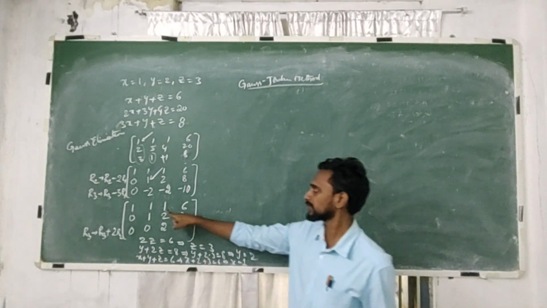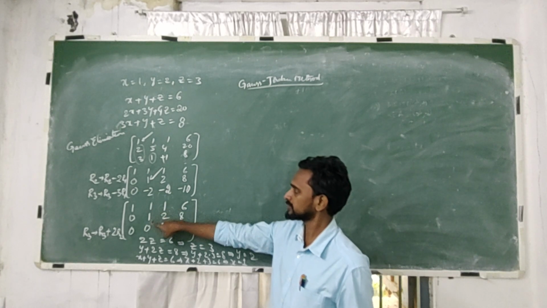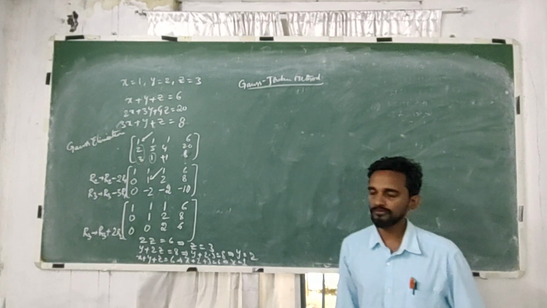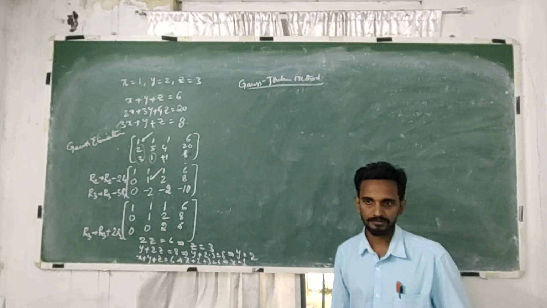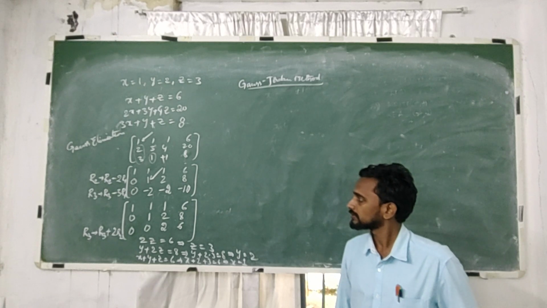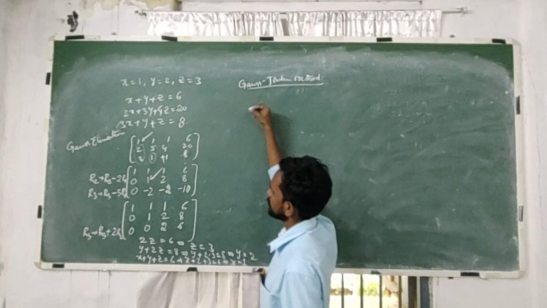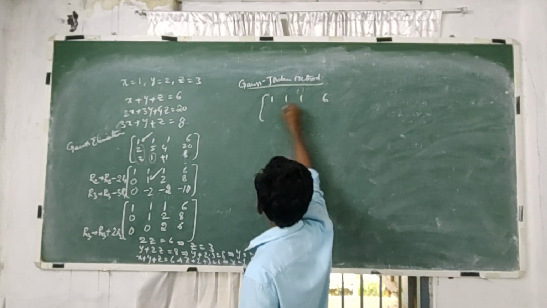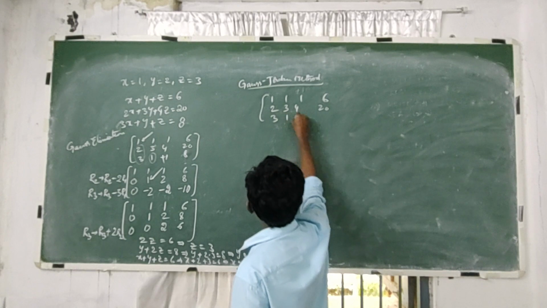So every time we'll be modifying the elements below and above the pivot element, and finally we make all the diagonal elements unit. Once this level is completed, we'll be taking the same set of equations. So 1 1 1 6, 2 3 4 20, 3 1 1 8.